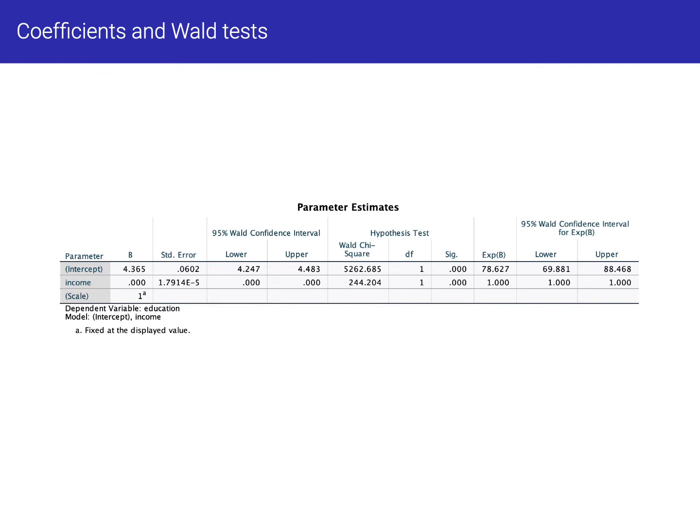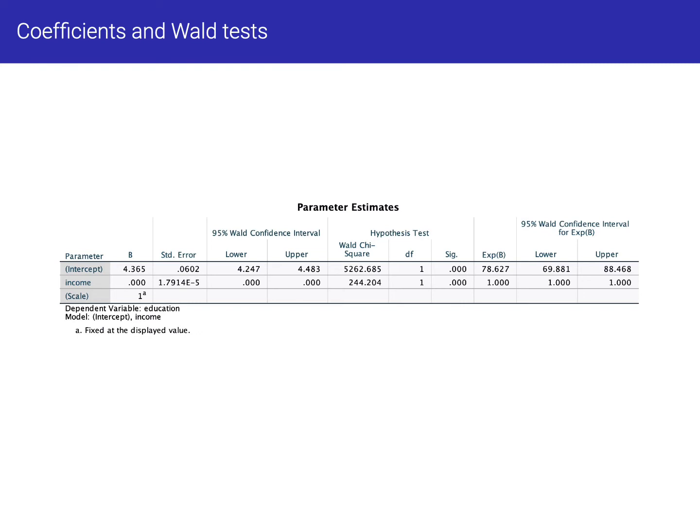And so as an output, one of the outputs that we get is these parameter estimates. So we get here an estimate for the intercept and for the slope, for the effect of income. So these are the estimates for the parameters, B, their standard error. We also have their confidence intervals.